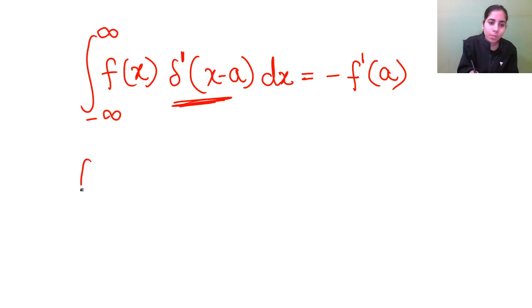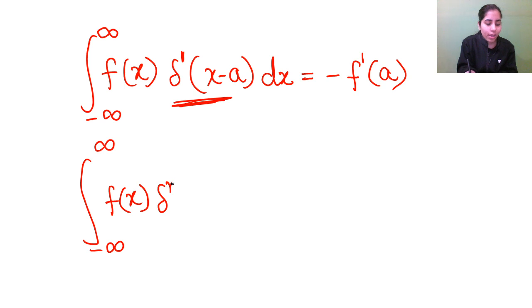So the general formula is integration from minus infinity to plus infinity f(x) delta n (x minus a). n is just representing the order of the derivative here. Clear?